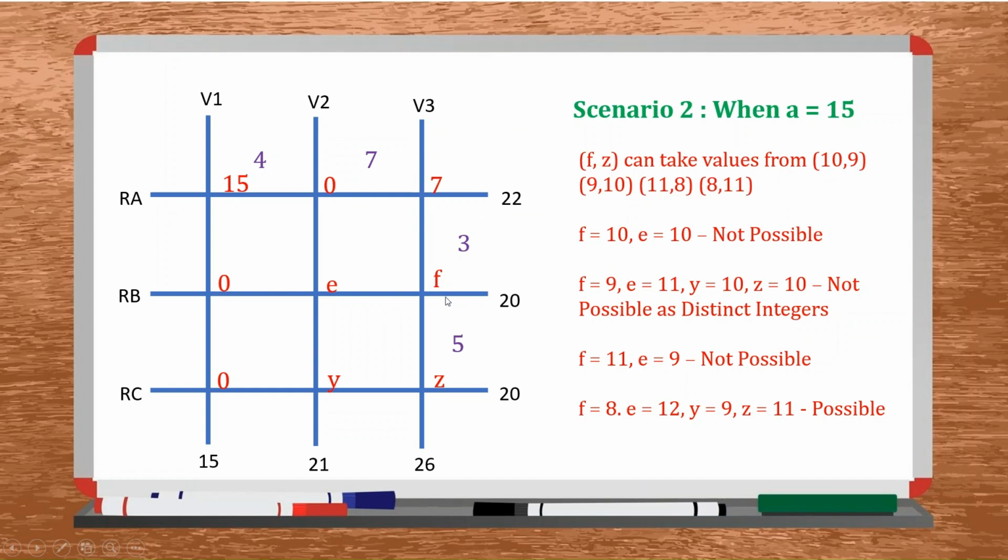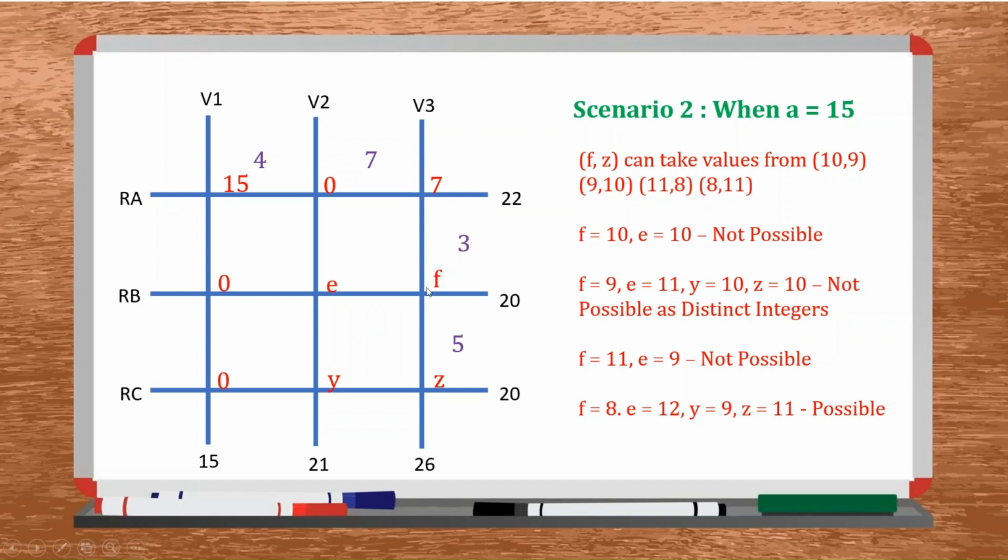If I make F equal to 10, then E will also be equal to 10, which is not possible because the integers are distinct. Again, if F equals 9, then Y and Z will come out to be 10 and E would come out to be 11, which is also not possible because of distinct integers.